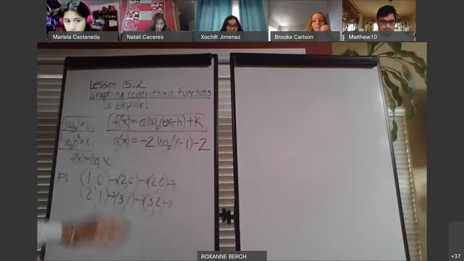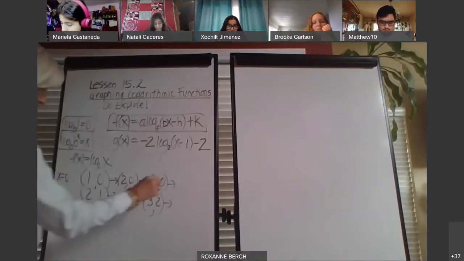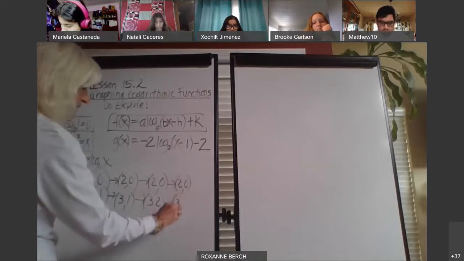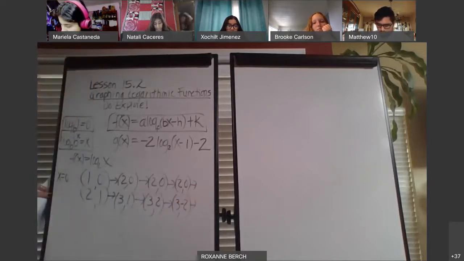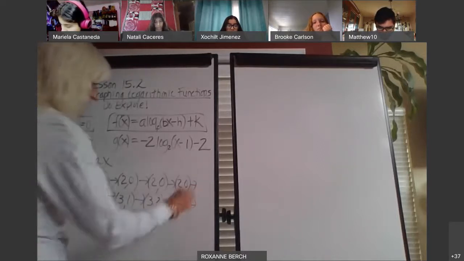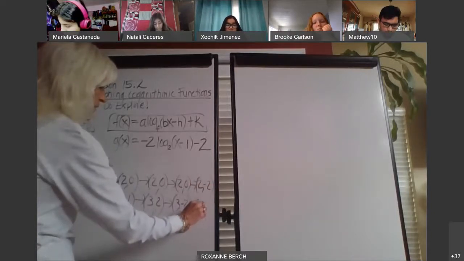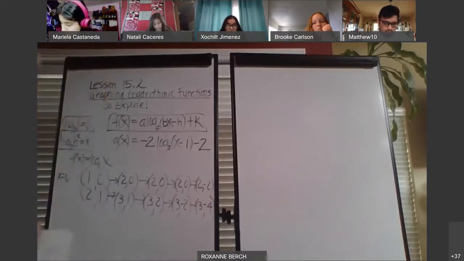Reflect, so reflect over the x. Remember that's negate the y? So this would be 2, 0. This would be 3, -2. And then finally, down 2 would be 2, down 2, 3, down 2 would be -4. And then we graph.